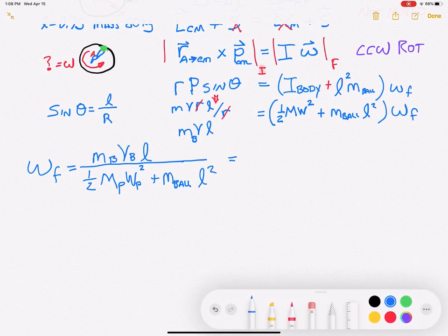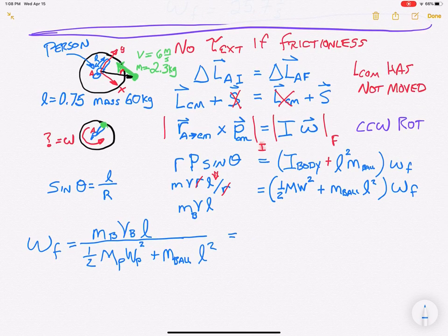So we'll come up here and we'll redefine the mass of the person. Oh, we did. We already have it. At 60 kilograms. Okay, so the top is the mass of the ball, 2.3 kilograms. The velocity of the ball was given at 6 meters per second. And the length of the arm was given at 0.75 meters.